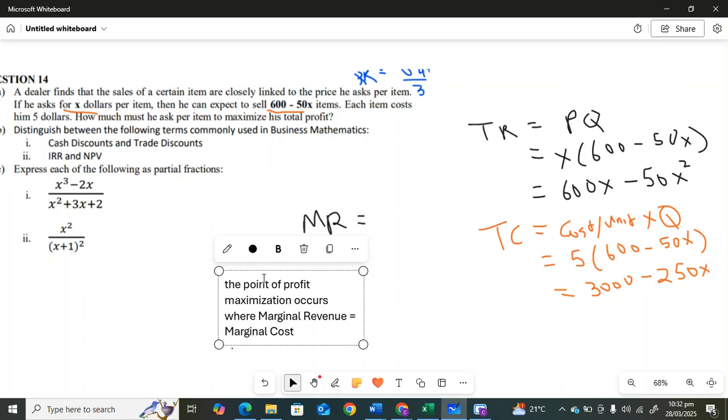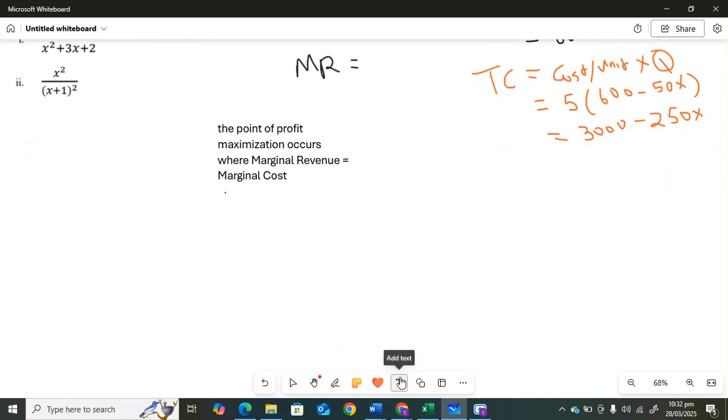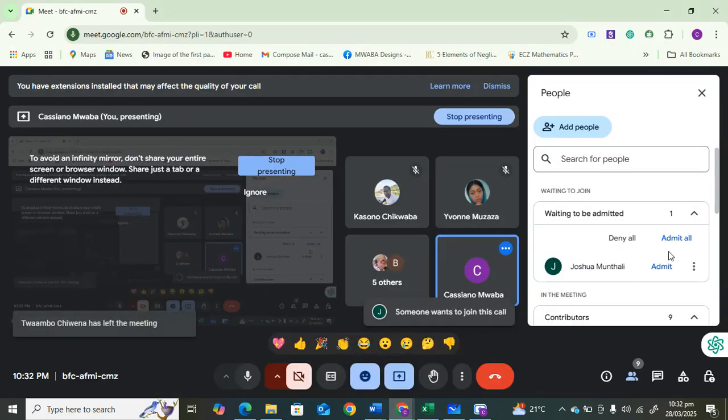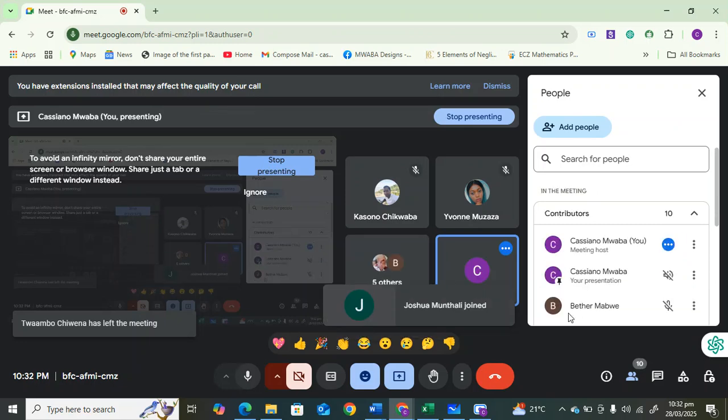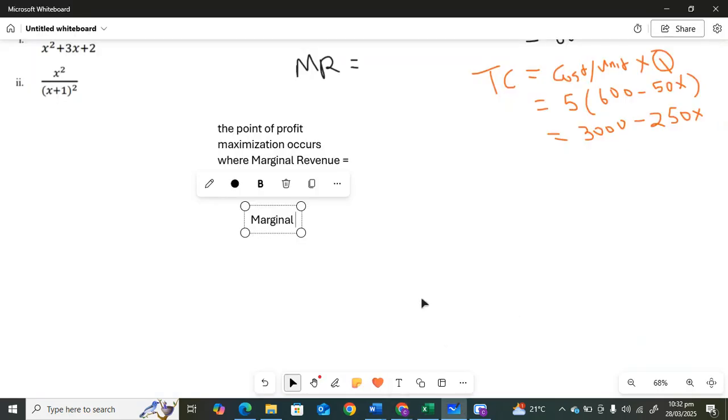What I mean by marginal revenue: in economics, when you hear the word marginal, it's just additional. Whenever you hear marginal, just equate it to addition.